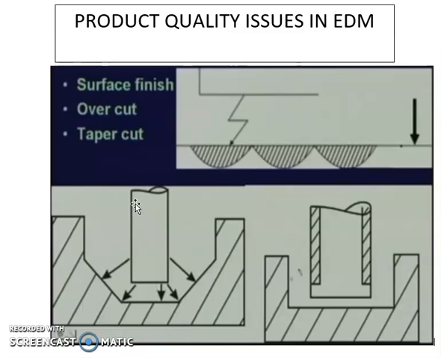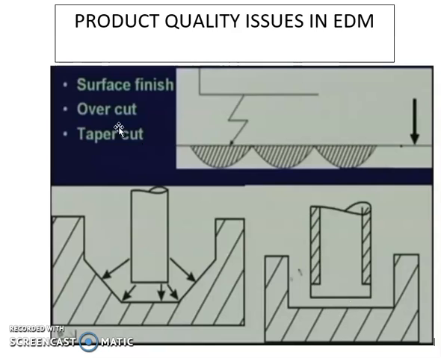Taper cut means that even if we have a non-taper rod electrode, it will produce a taper impression on the workpiece. This is because the sparks occur from all the sides adjacent to the workpiece. So how to limit the taper cut? We can insulate a particular region of the electrode so as to have controlled sparking from a particular region.